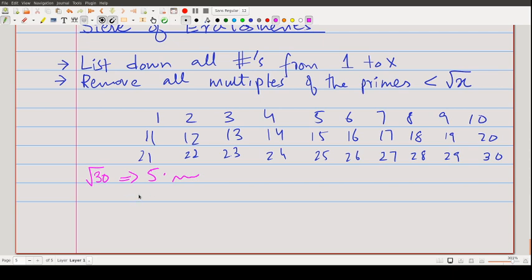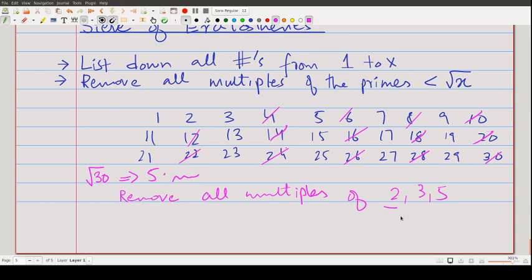So I need to remove all multiples of the primes less than 5 point something. They are 2, 3, and 5. I start off from 2, I leave 2 as it is, and I remove the multiples of 2: 4, 6, 8, 10, 12, 14, 16, 18, 20, 22, 24, 26, 28, and 30. These numbers I am sure are not going to be primes, and I've removed them from the list.